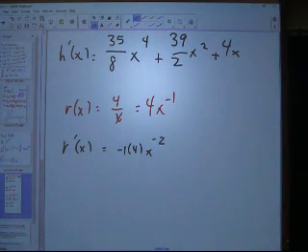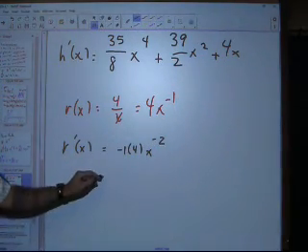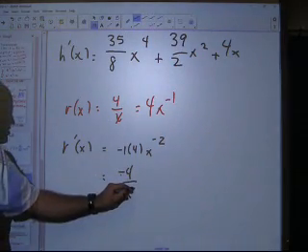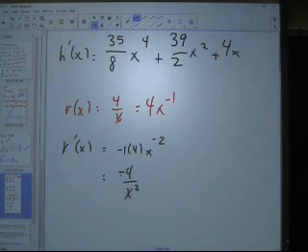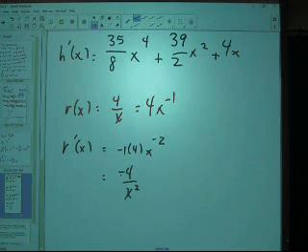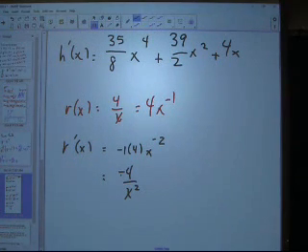Negative 2 is 1 less than negative 1, correct? So does that mean negative 1 times 4 is negative 4, but x to the positive 2 in the denominator? Do you recall that information about negative exponents? Maybe. We've got to do some more of these, right? Practice that a little bit more, because it gets to be more fun as we go, by the way.